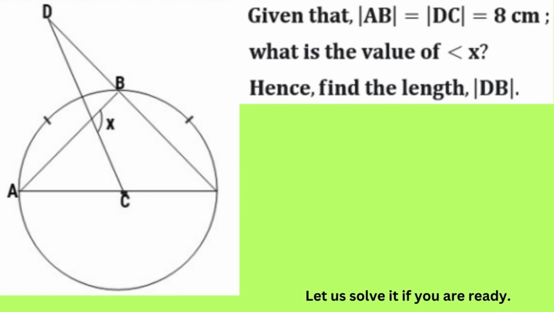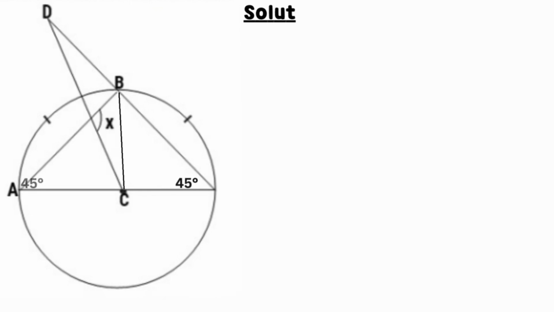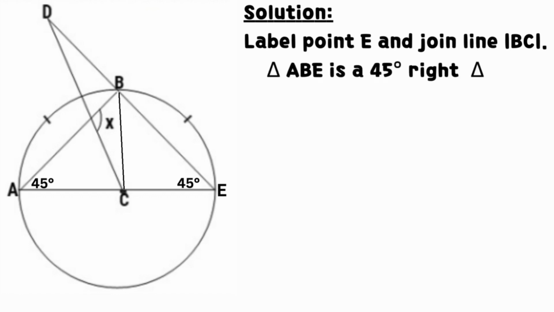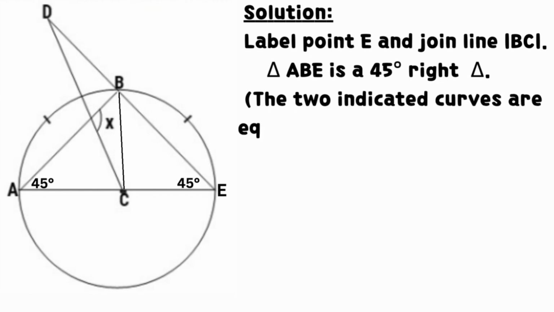Required to find the value of angle X and the length of DB. Label point E and join line B, C. Triangle ABE is a 45 degrees right triangle. It is indicated by the two given curves that are equal.